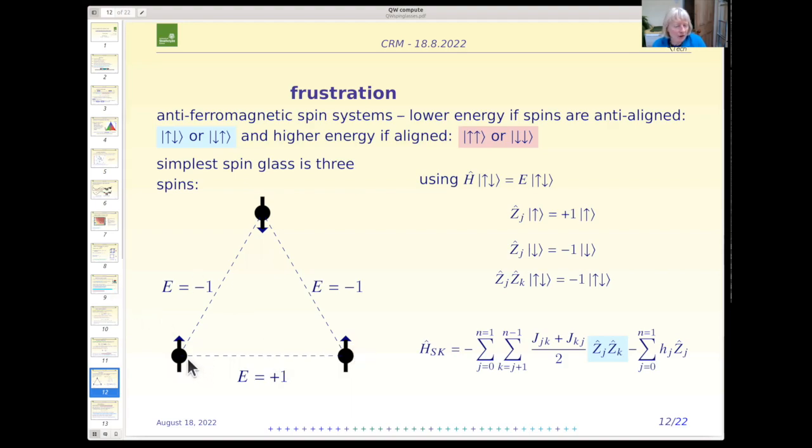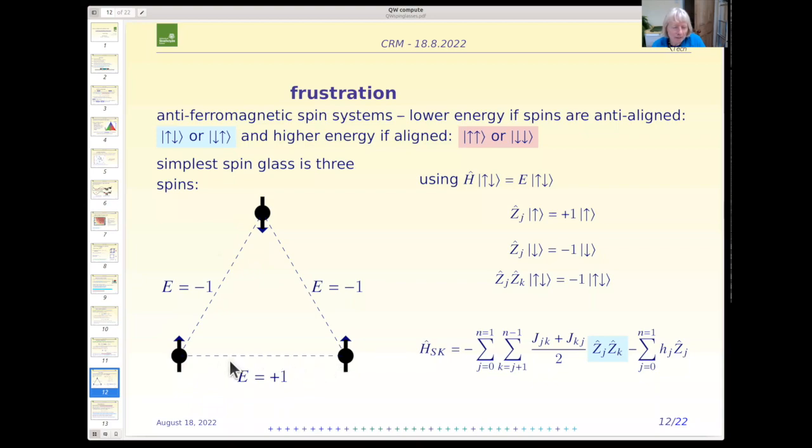And so if we look at these two spins, they're anti-aligned, and so we can assign them energy -1. If we look at these two, they're anti-aligned, so they also have energy -1. But then we don't have a choice about this. If they're anti-aligned, these two are going to end up aligned.